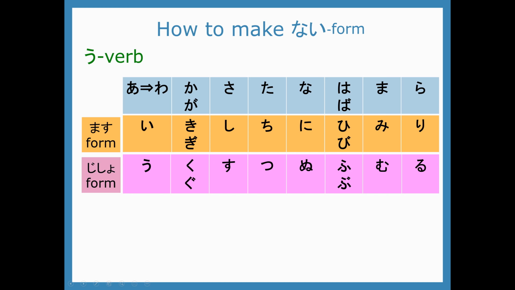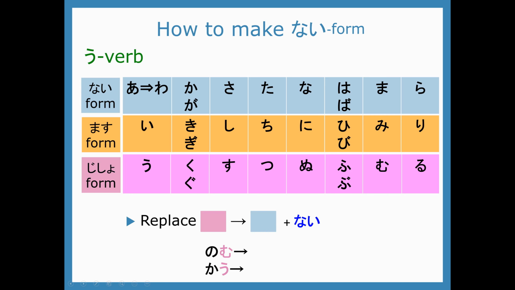We have to do the same kind of thing when we make the nai form. But instead of changing to the e sound, we want to change to an ah sound. So we are changing ku to ka, su to sa, tsu to ta, because we have ta, chi, tsu, te, to, right?